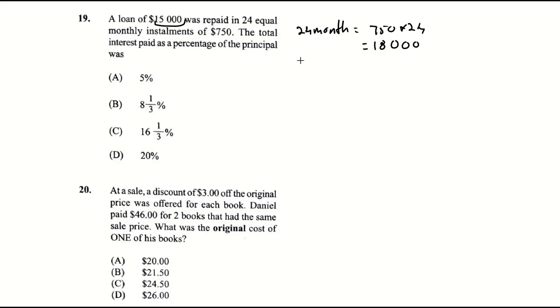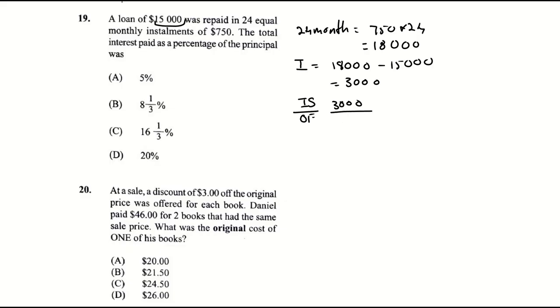So that means the interest was 18,000 minus 15,000, which we can see was 3,000. They want to know what the interest paid is here. Remember, guys, to find what fraction it is of something, it is your interest, which is 3,000, over the what?